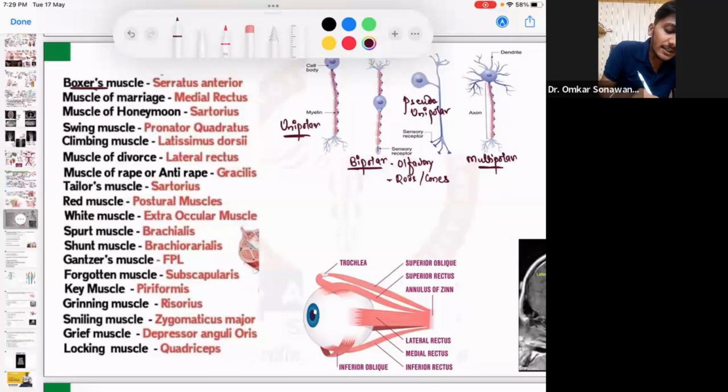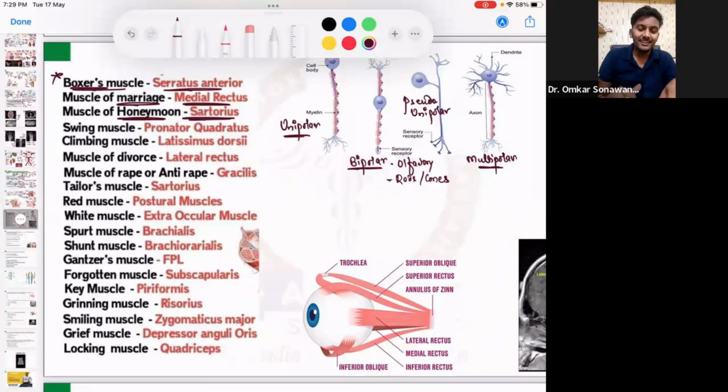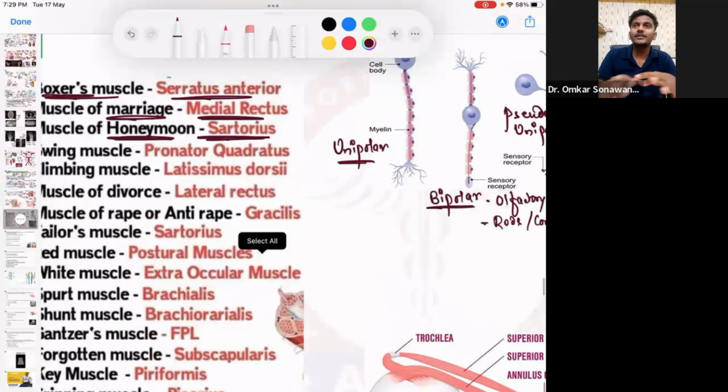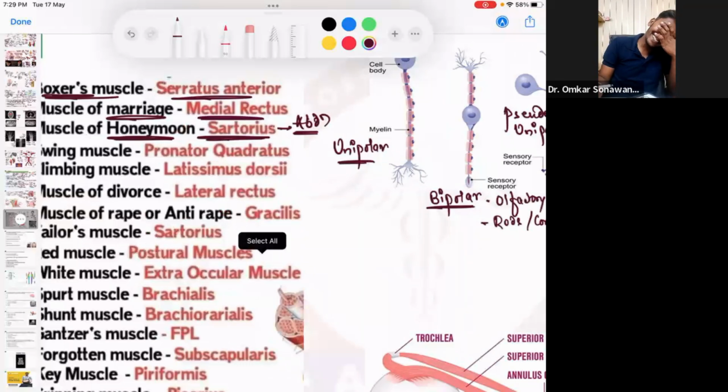Important: boxer's muscle is the... The muscle of marriage is the medial rectus. The muscle of honeymoon is the... Why is it called the muscle of honeymoon? Because it causes abduction of the hip joint.